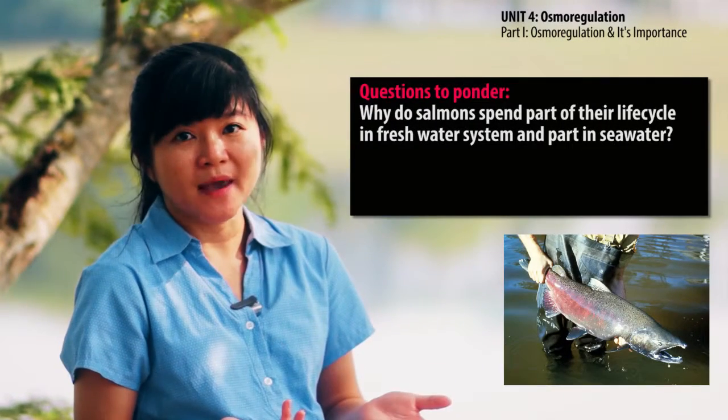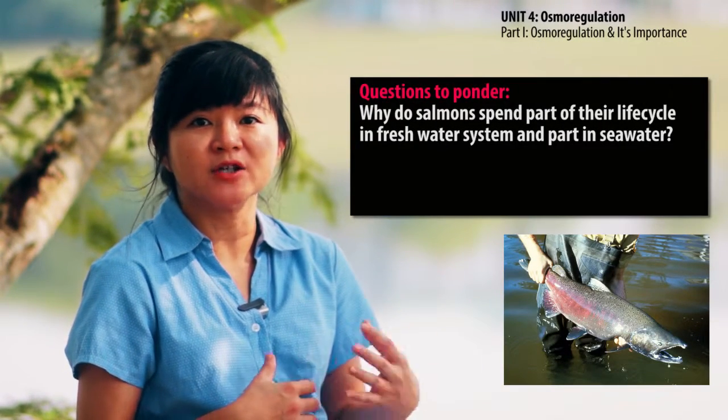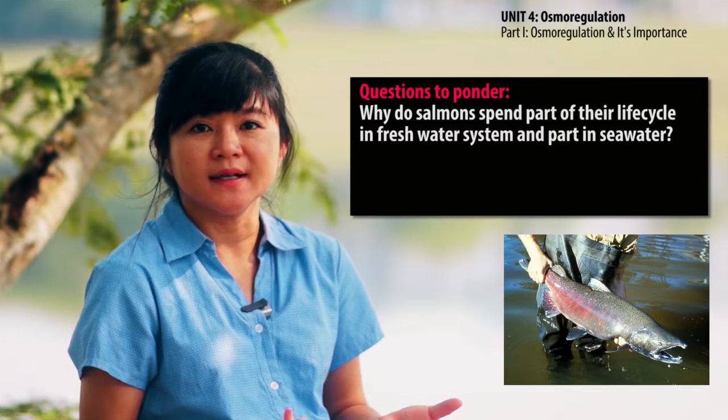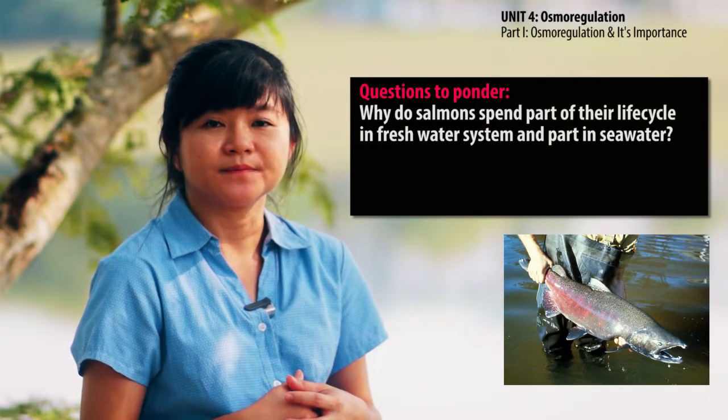So we have discussed several terms related to osmoregulation, which include osmolarity, osmoconformers, osmoregulators, and stenohaline and euryhaline. So one question to ponder: why do salmon spend part of their life cycle in a freshwater system and part in seawater?